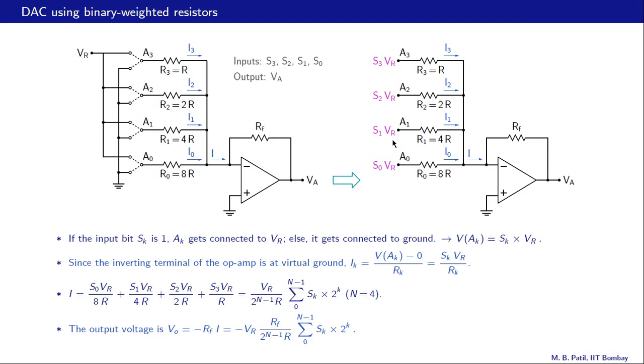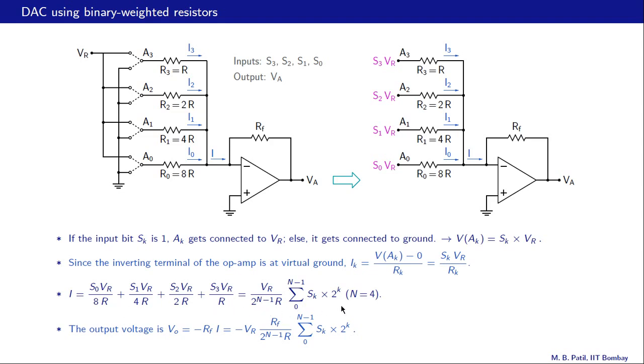I1 is S1 VR minus 0 divided by 4R, and so on. So that gives us this expression here. So the current I is S0 VR by 8R plus S1 VR by 4R, etc. And now what we can do is to take this VR by 8R common and then get this expression here.